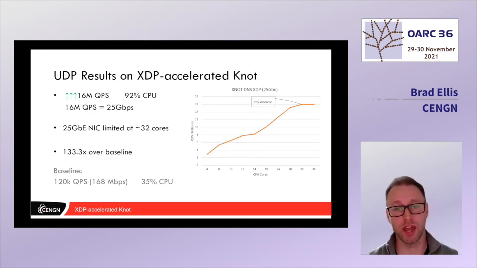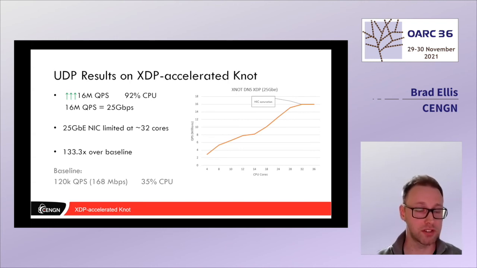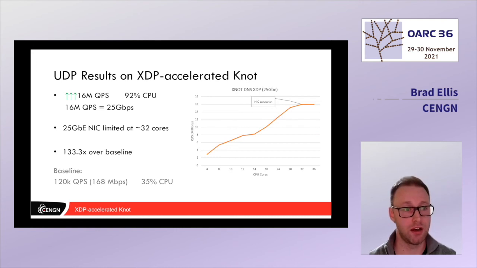So once we had the XDP Gun enabled and Knot with XDP enabled on the servers, we were able to get some performance results. And we ultimately hit 16 million queries per second using roughly 92% CPU. The reason that we couldn't go higher than, say, 92% is because 16 million queries per second was 25 gigabits per second, which was the size of the network card we had.